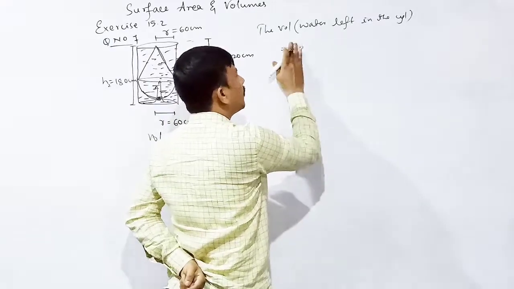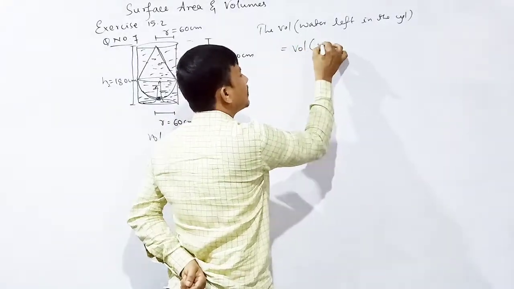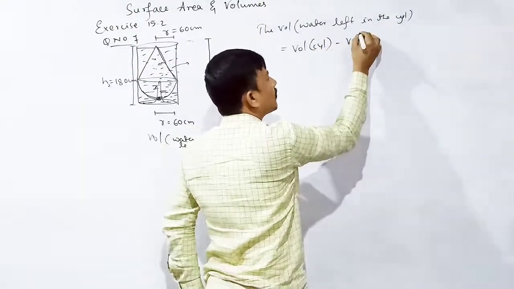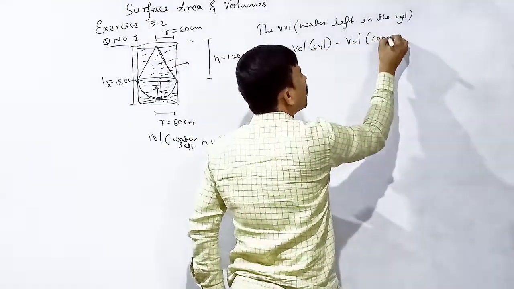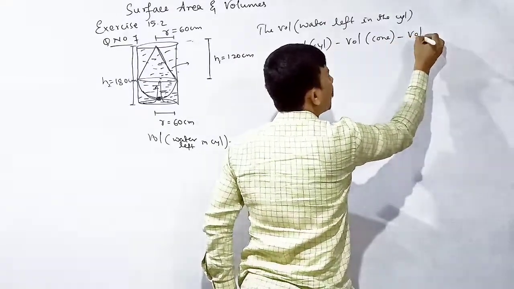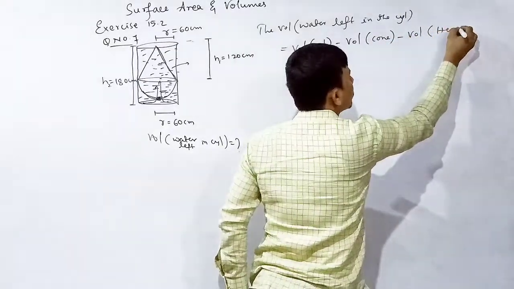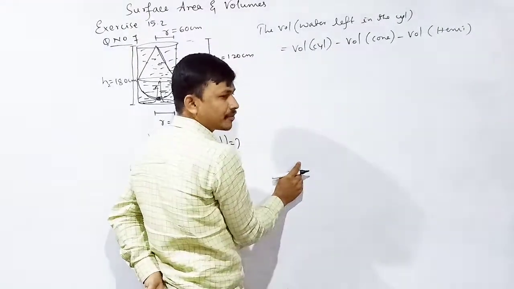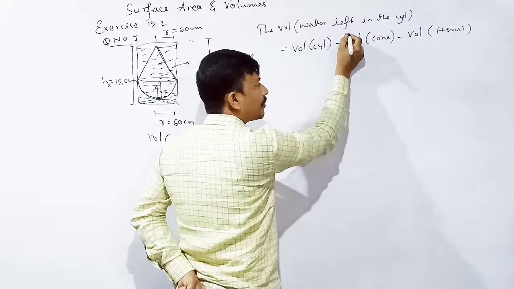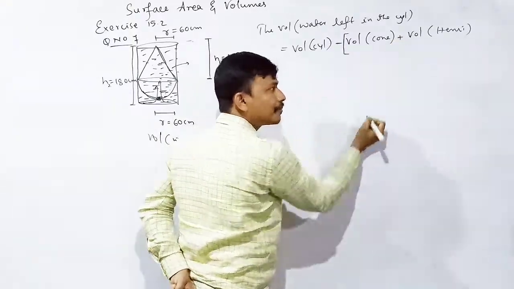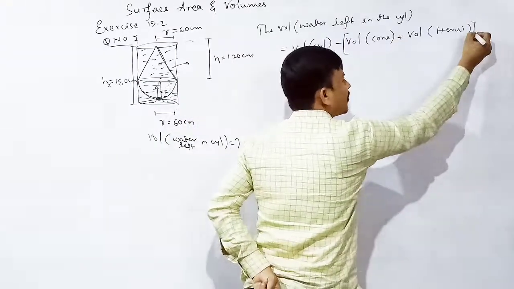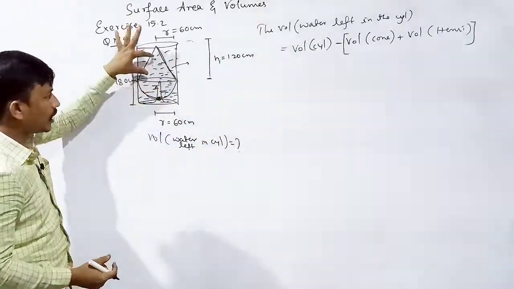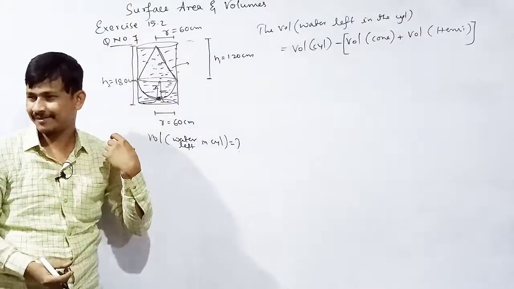Volume of cylinder minus volume of cone minus volume of hemisphere. Correct? Let us take minus common here. What happens after taking minus common? It will become plus. That means volume of cylinder minus volume of cone plus volume of hemisphere.